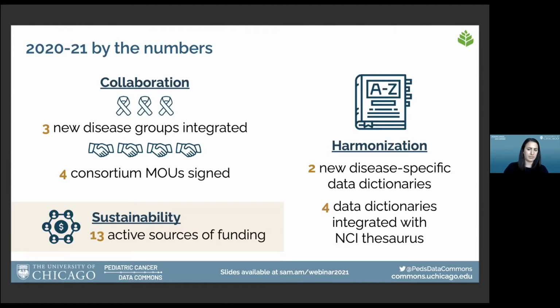Those would be Hibiscus, which is our bone tumors group, Nodal, which is our Hodgkin lymphoma group, Interact, which is acute myeloid leukemia, and Magic, which is the germ cell tumors group. We also have 13 active sources of funding and several data dictionaries in progress. So there's 2 new disease-specific data dictionaries that have been completed, as well as 4 data dictionaries that we've been working to integrate with the NCI thesaurus.